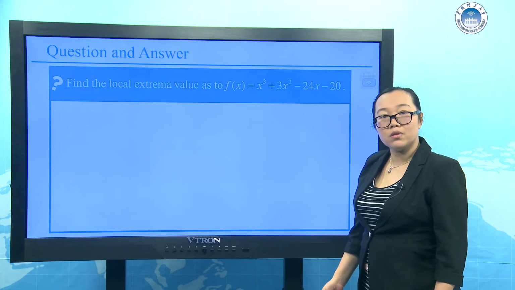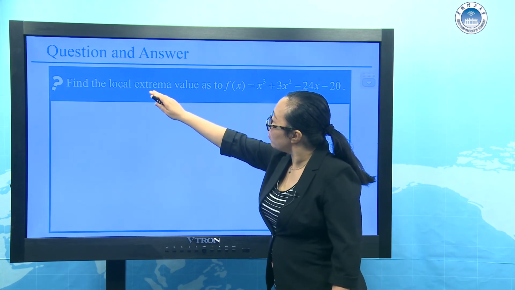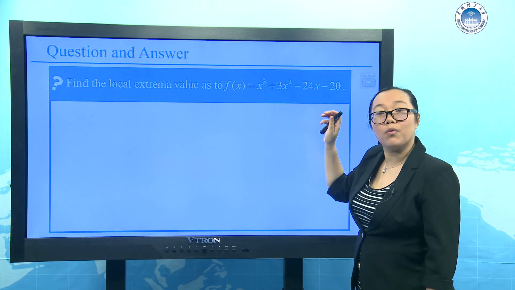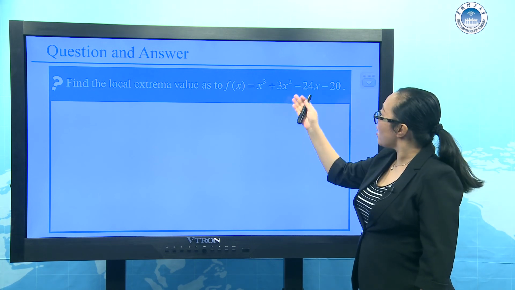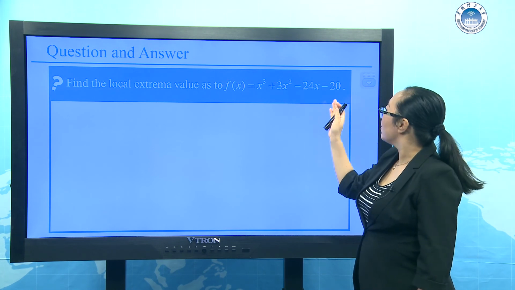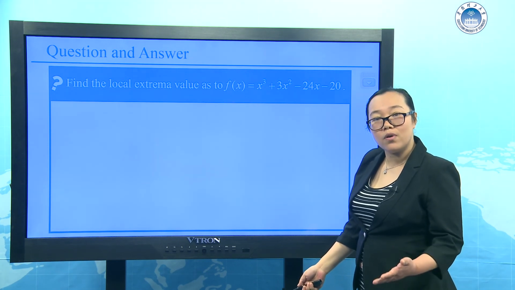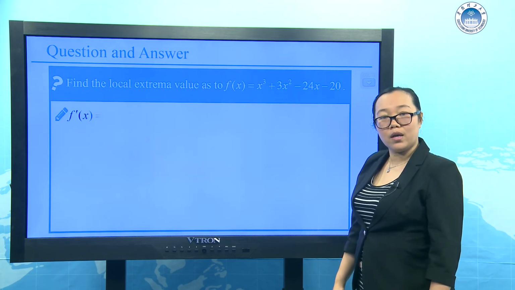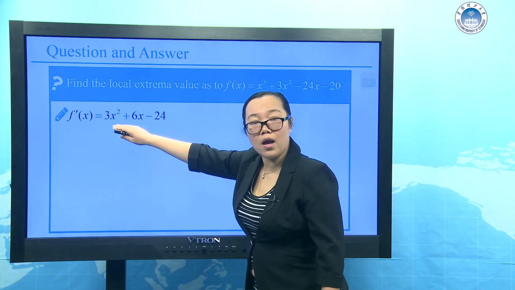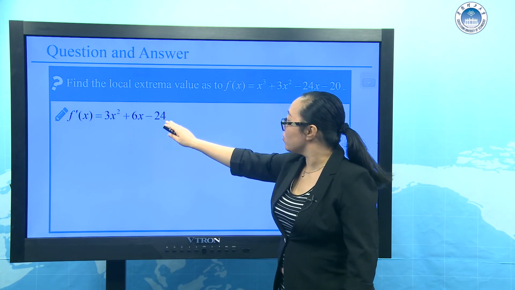According to our summary, try to finish the question. Try to find the local extreme values of f x. It is a polynomial: x cubed plus 3x squared minus 24x minus 20. How to do? Yes, find the first derivative. F first derivative equals 3x squared plus 6x minus 24.